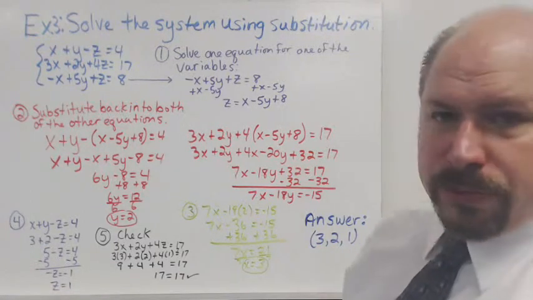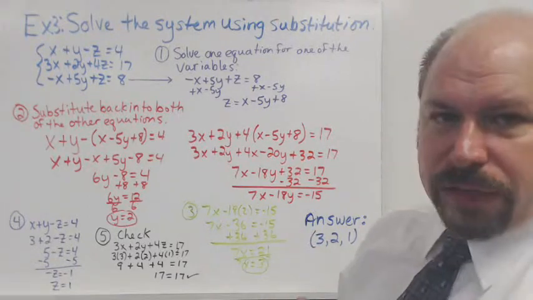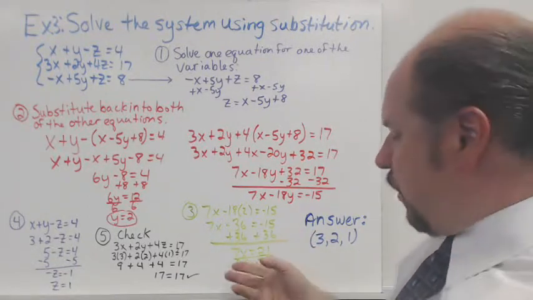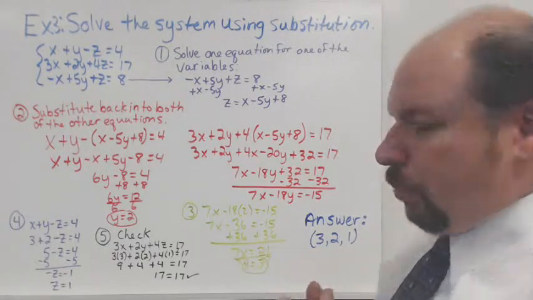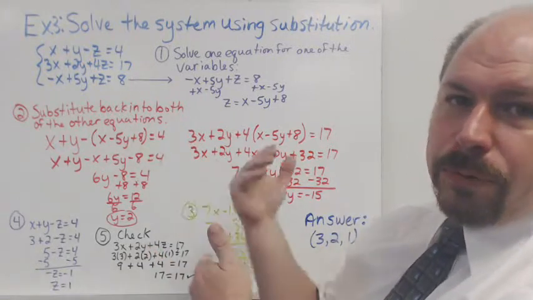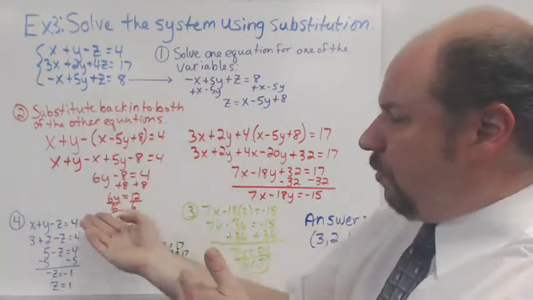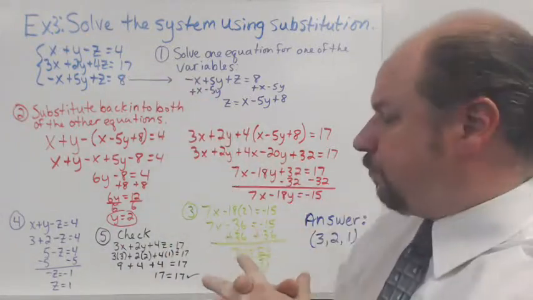Negative 18 times 2 is negative 36. So 7x minus 36 equals negative 15. Adding 36 to both sides, we get 7x equals 21. So divide both sides by 7, we get x equals 3. So notice again, we're just kind of working backwards here. Once we find one of the solutions, we work backwards until we find the other two.